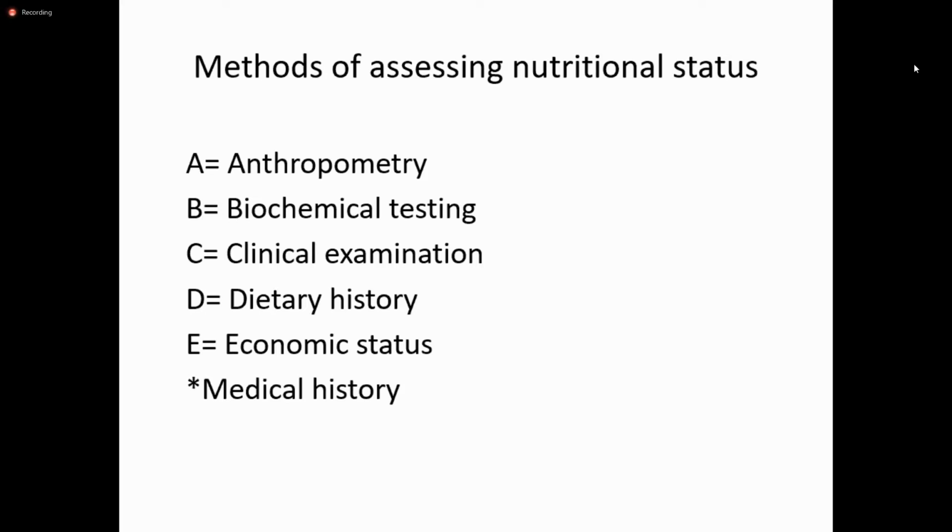Another is medical history. So if a child has a chronic illness, be it pulmonary disease or renal or GI, it can also result in abnormality in nutritional status, because if a child is falling sick frequently, they will require more expense or more calories or more nutrients, which regular intake may not be sufficient for, and the child will develop undernutrition.